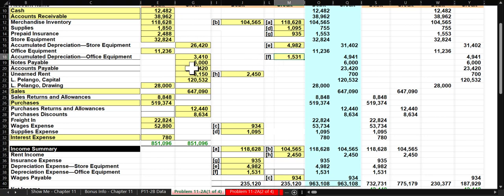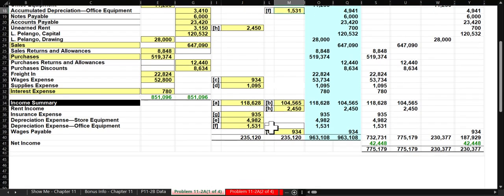So it's going to go from the previous balance of 3410, and it's going to increase by 1,531 to 4,943. So this asset has a few more years to go, assuming that they're using straight line. But my credit here is going to be debited to an expense account for the same amount.